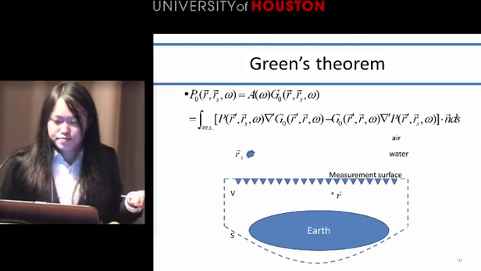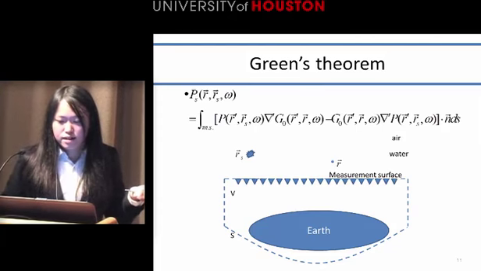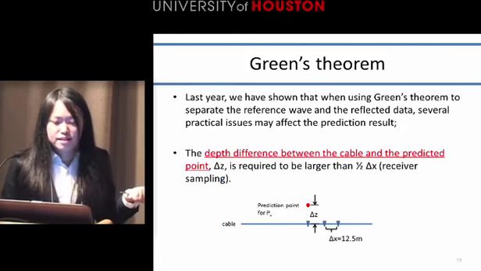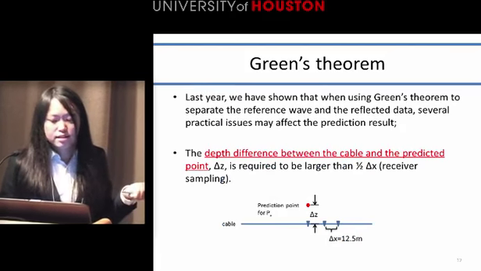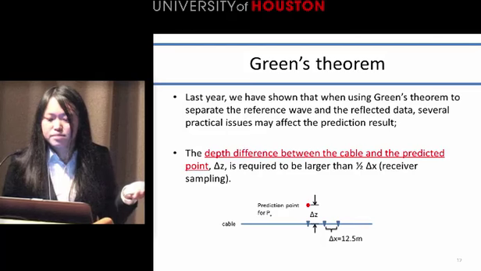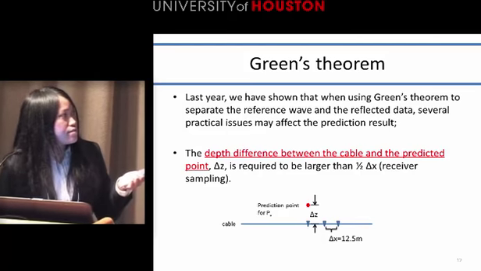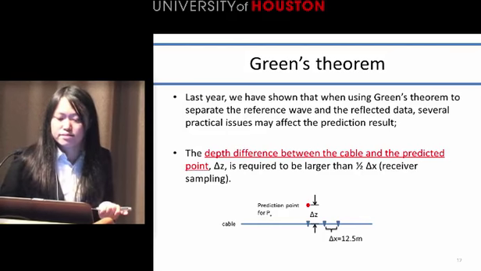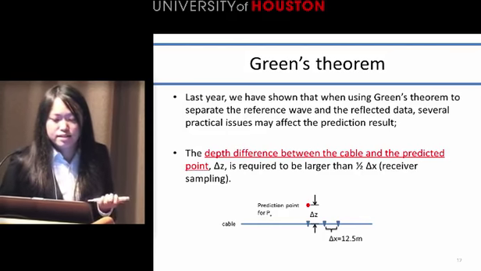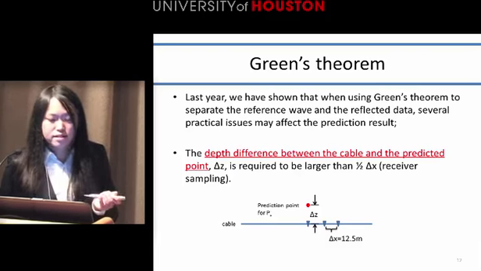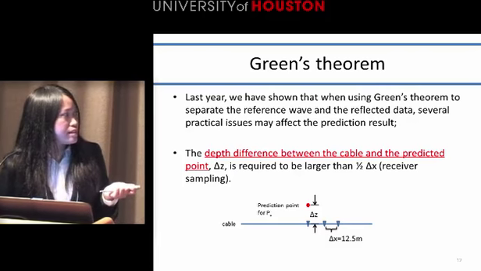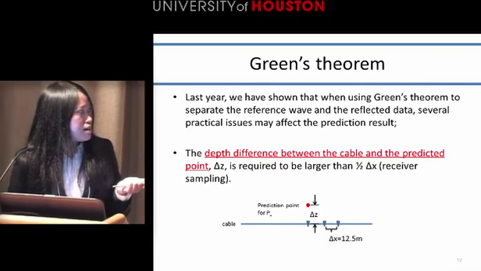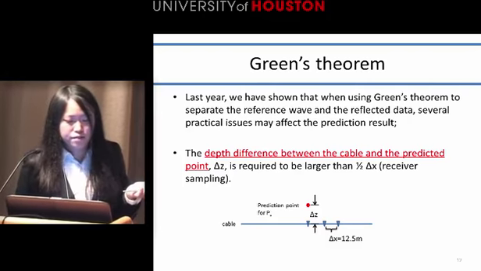And I would like to remind you that last year we showed that when using Green's theorem to separate the reference wave from the reflected data, several practical issues can affect the prediction result. One of the issues is that we have to choose the prediction point away from the cable.